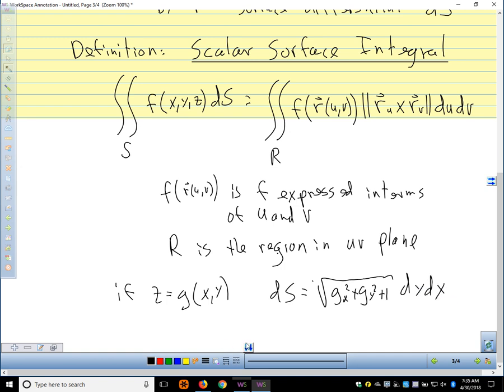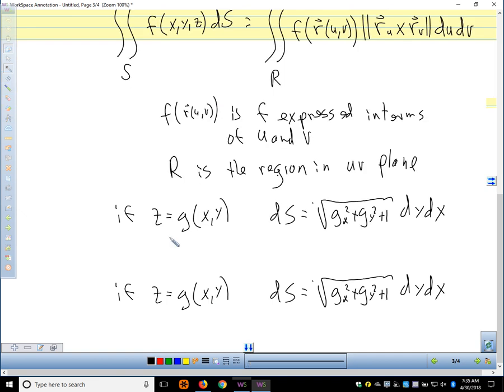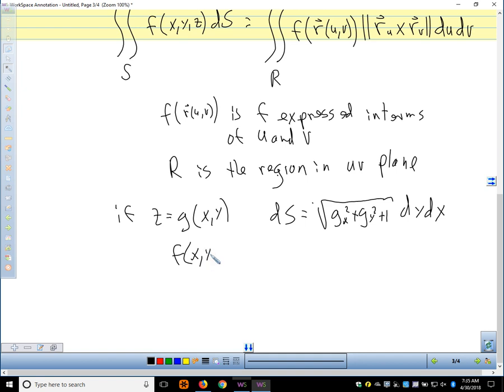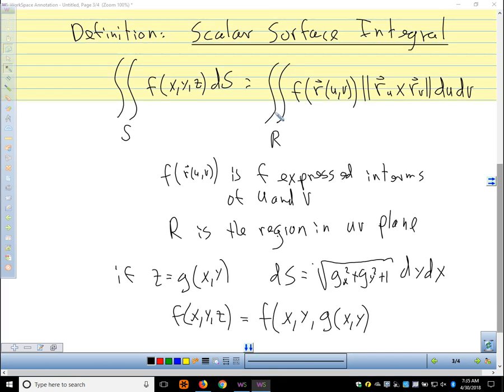And f of x, y, z is going to be f of x, y, g of x, y, because our surface integral is a double integral, so we need two variables, not three.